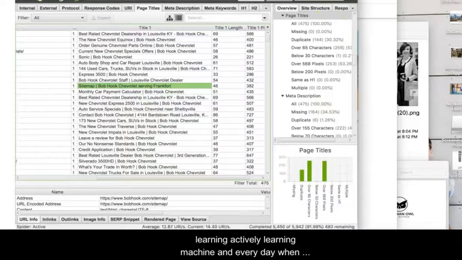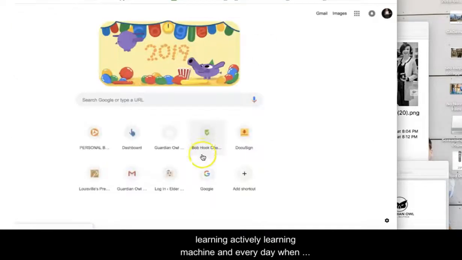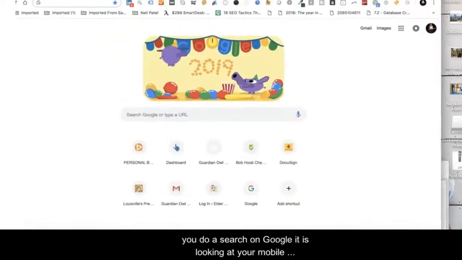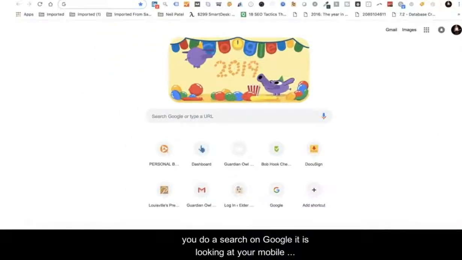And every day when you do a search on Google, it is looking at your mobile device separately versus your Google Home or Alexa voice device separately. It's looking at your watches and wearable gear separately. And right now, what we're focused on is simply the search engine results pages of Google.